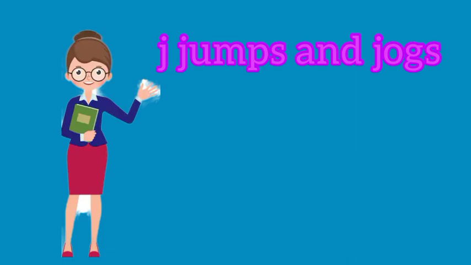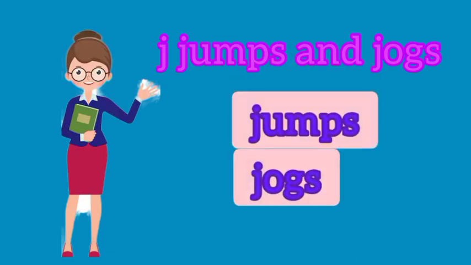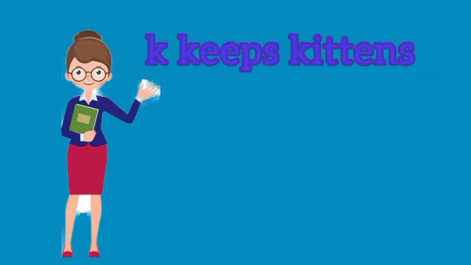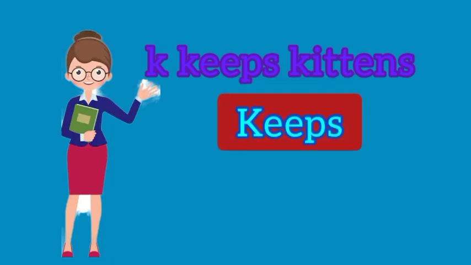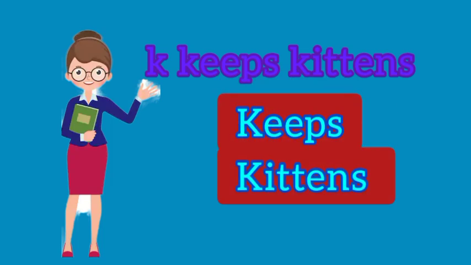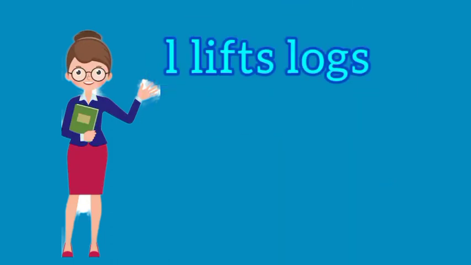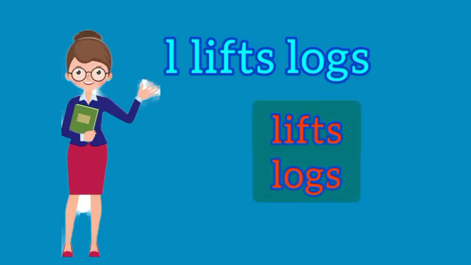So the words jumps and jogs have the letter J. K keeps kittens. The words keeps and kittens have K in it. L lifts logs. The words lifts and logs have the letter L in it.